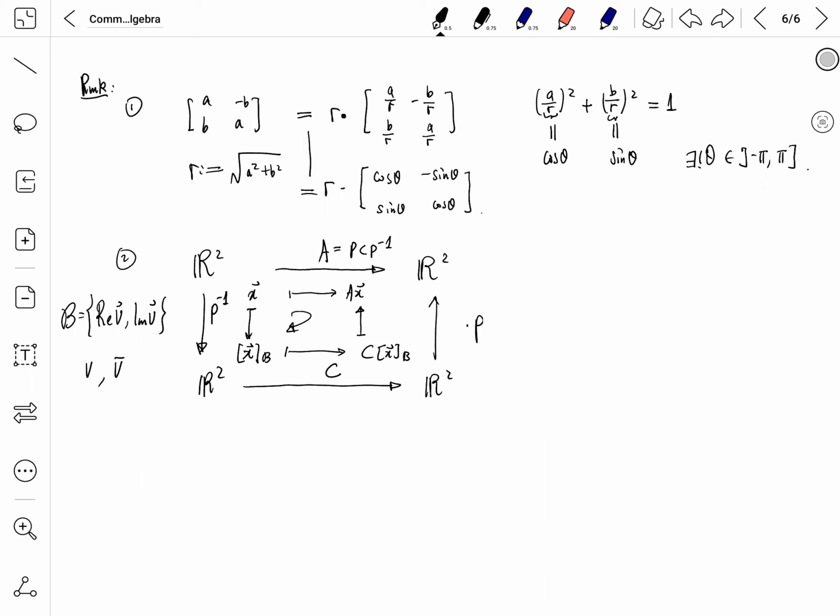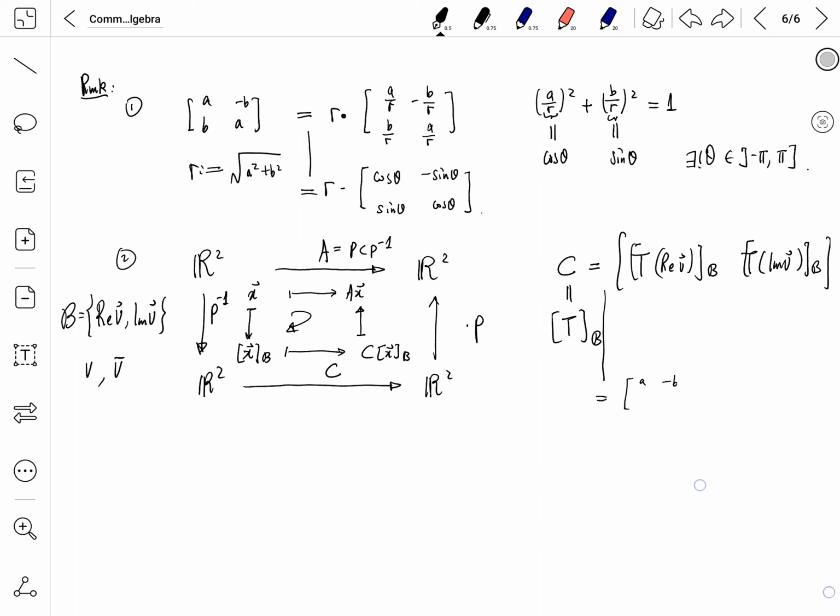And so C is described by taking the first vector in the real basis and taking its B-coordinates, then the second vector in the real basis and taking its B-coordinates. Sometimes we denote it by the bracket of T with respect to B, and you can show in this case, just by direct computation, that it is indeed given by the form [a, -b; b, a]. This also gives you a proof of the theorem just stated.